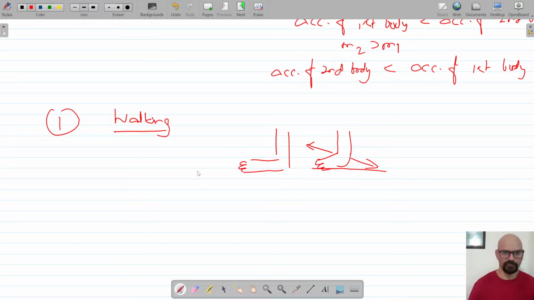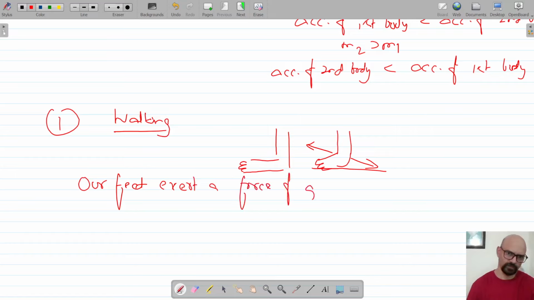So when we walk, our feet exert a force on the ground, which is the action, and this force is in the backward direction.